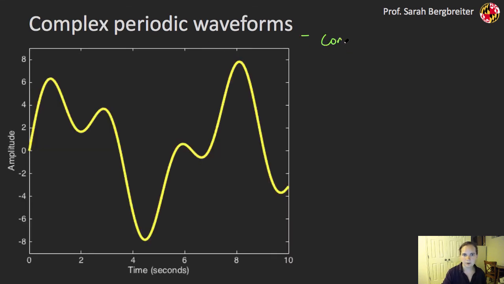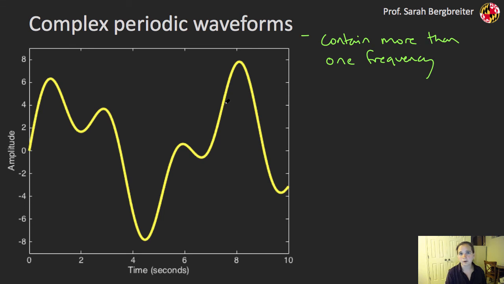Complex periodic waveforms are going to contain more than one frequency. And this is an example of a complex periodic waveform over here. If I repeated this in time, or I provided more time data of this waveform, you'd very clearly see it repeating itself in time, and you'll see that a little bit later. But these signals are ubiquitous, right?